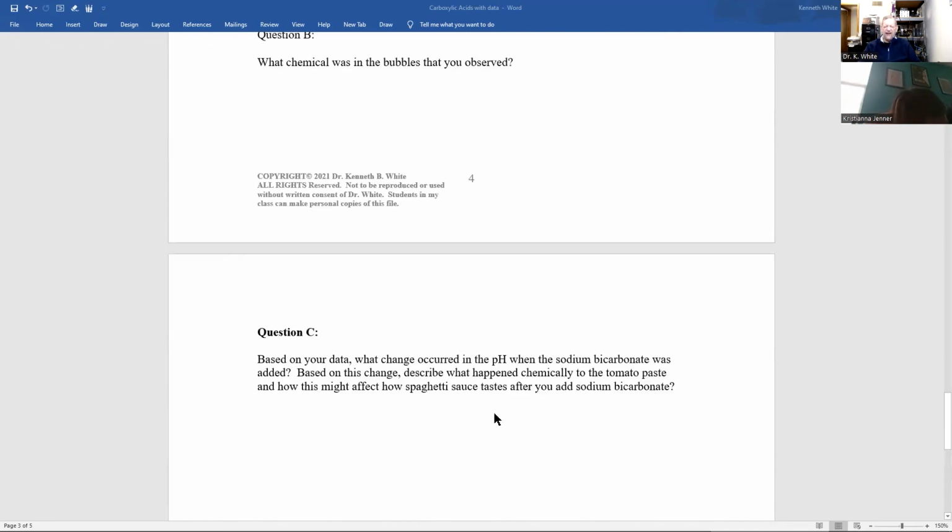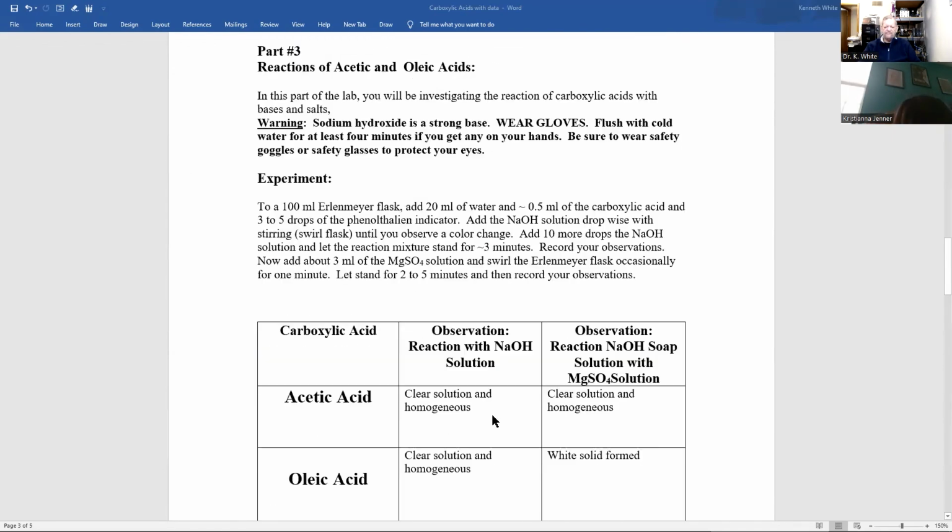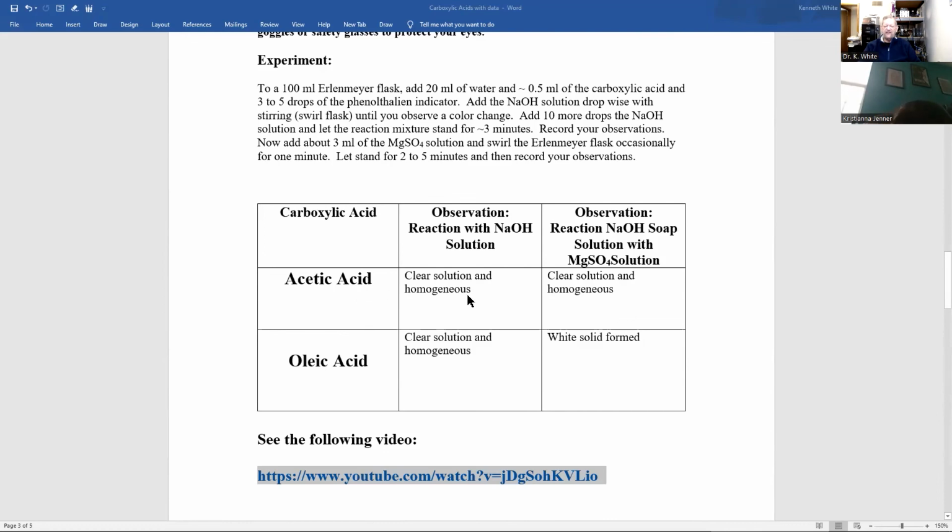And what 4 reactions are there? First, acetic acid with sodium hydroxide, and then that product of sodium hydroxide and acetic acid with magnesium sulfate. That was 2 reactions. Number 3, oleic acid with sodium hydroxide, and then that product with the magnesium sulfate.